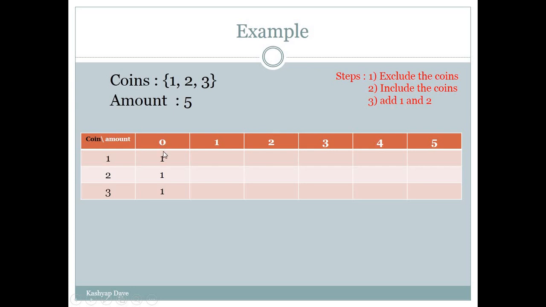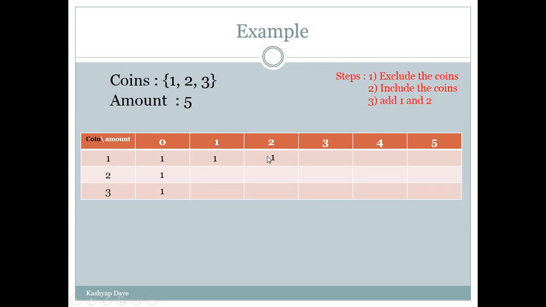Again, we will find this as well. If we want to make 1 rupee amount, there is a way: we make a 1 rupee amount with a 1 rupee coin.